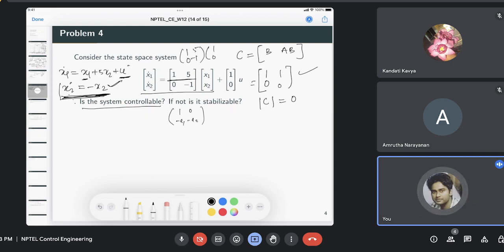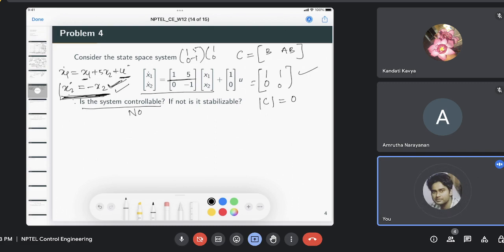Here one part is decoupled and the other is in this form. It's not exactly that, but it is decoupled in the x2 variable, as you can see by just expanding. So from this also we conclude that the x2 mode is not affected by the control, so it's not fully state controllable.